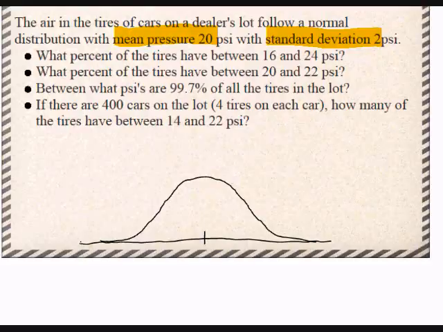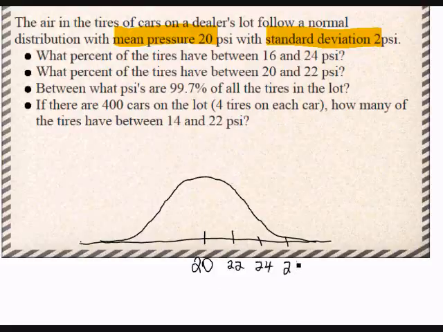Now that center is at 20. I go out a little ways and mark off 1, 2, and 3 standard deviations equally along the horizontal axis. The standard deviation is 2, so my next marking is 20 plus 2. Add 2 again.